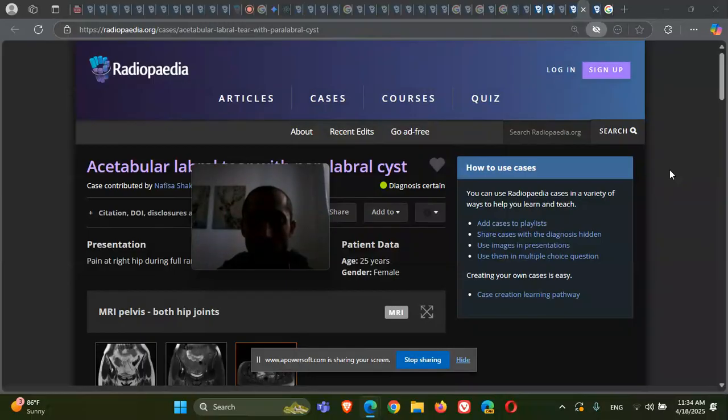We talked about femoroacetabular impingement, which consists of two deformities, cam and pincer. Cam is in the neck of the femur and pincer on the acetabulum. They can be combined and they may predispose those young athletes to labral tears, or they may be totally asymptomatic.